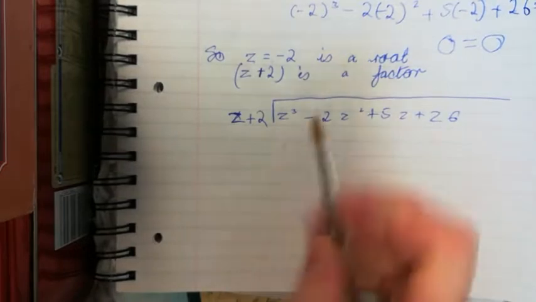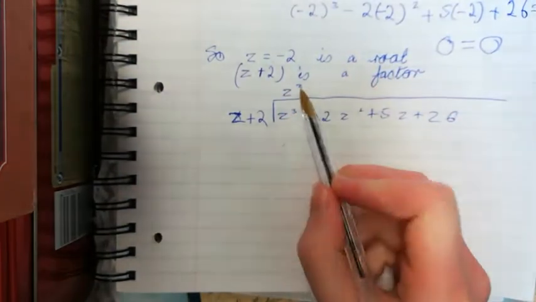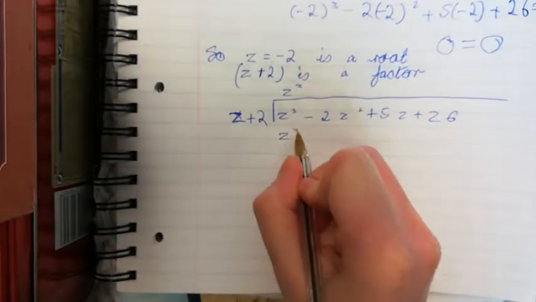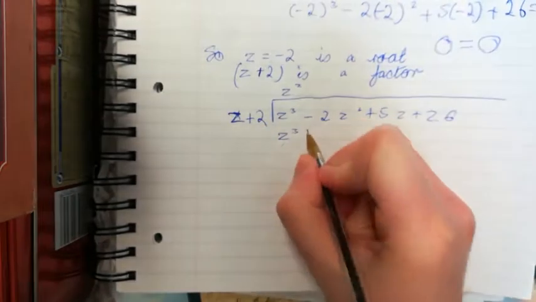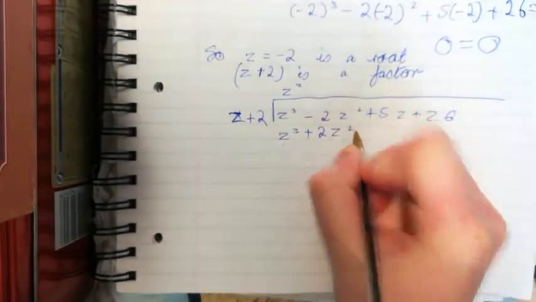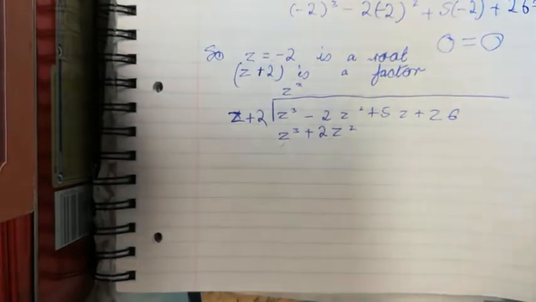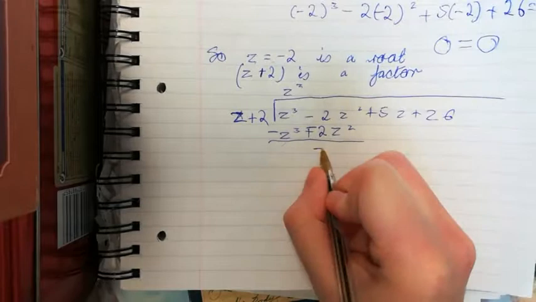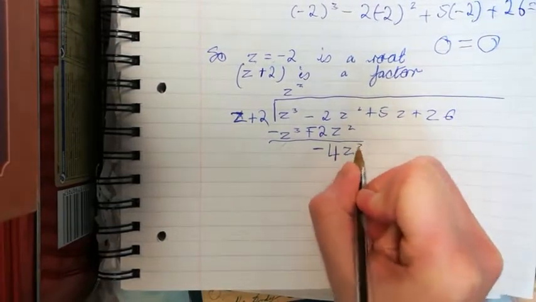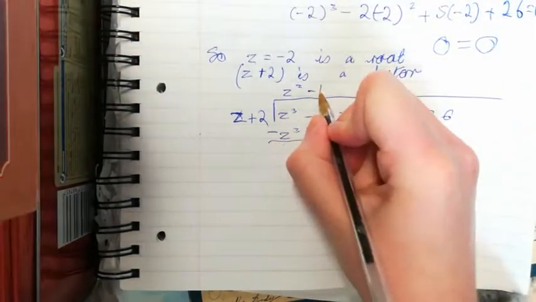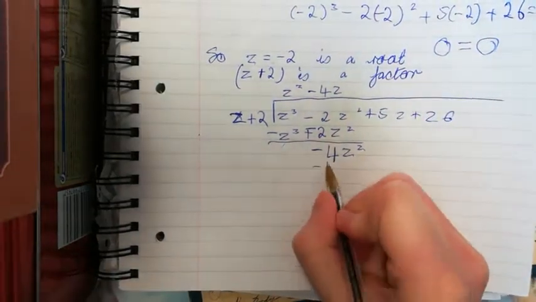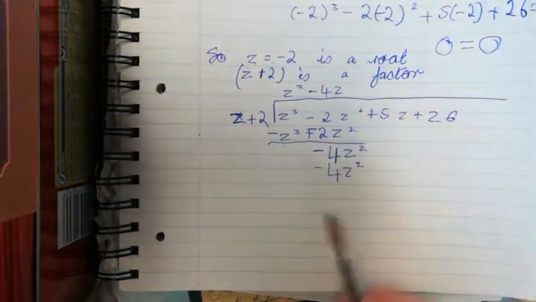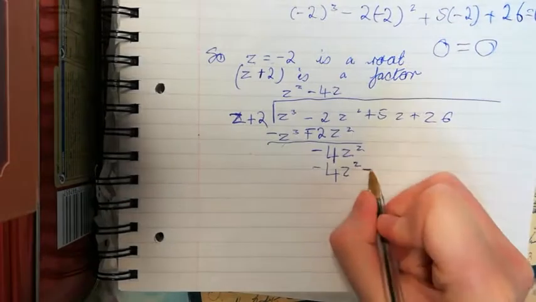So z into z cubed goes z squared, z squared by z is z cubed, z squared by 2 is plus 2z squared, and then I'm going to minus the second line, so that's minus 4z squared. Minus 4z squared will go here, and then minus 8z.